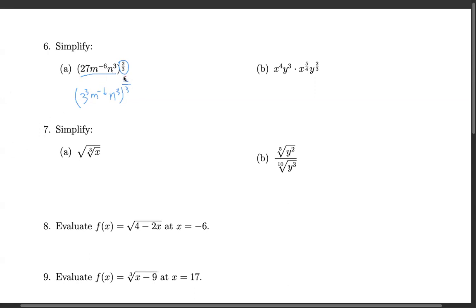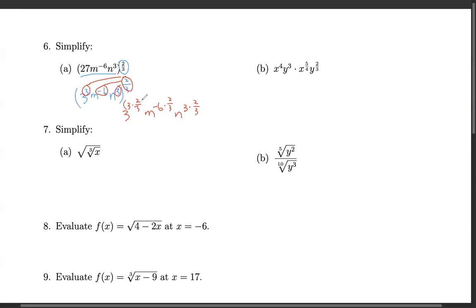I need to distribute this exponent. Distribute means multiply. Multiply by this, then multiply by this. Because there are 2 layers of exponents, we multiply them. So I have 3 raised by 3 times 2/3. I have m raised by -6 multiplied by 2/3. I have n raised by 3 now times 2/3. So you see 2/3 is being distributed to everyone.